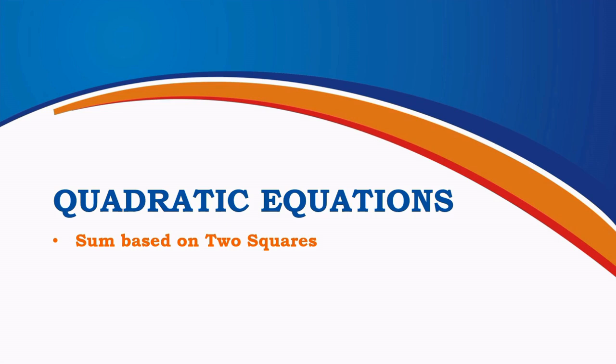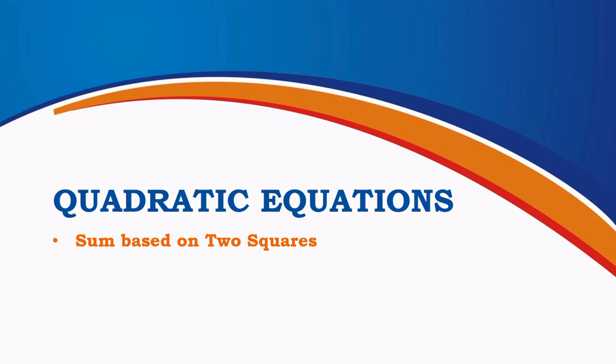To solve such problems, we convert the given information into mathematical expressions and form a quadratic equation. The most important formula that we will use is: area of a square is equal to side multiplied by side. In other words, the area of a square is obtained by multiplying the side length by itself.